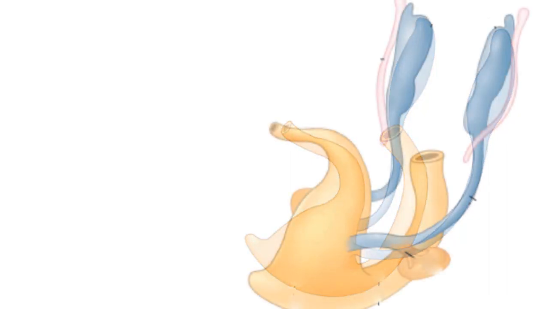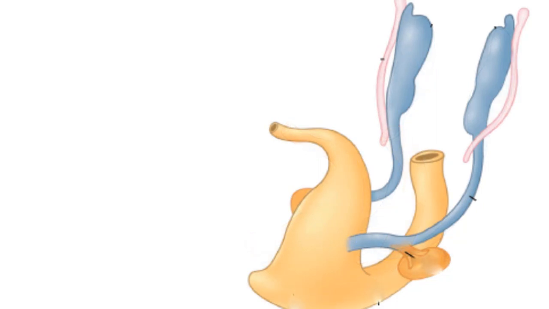Then with the progress of development you can see a projection coming out of the caudal end of the mesonephric duct. This is the ureteric bud, and the part that covers its upper end like a cap is the metanephric cap, and together they will form the definitive kidney.